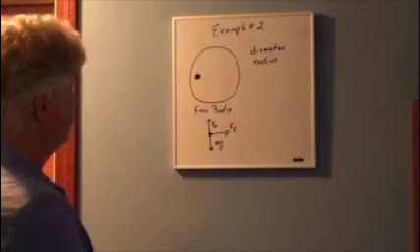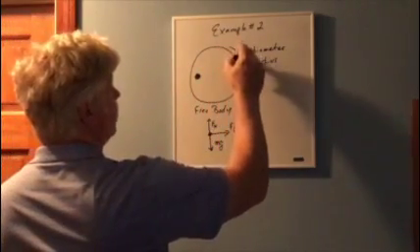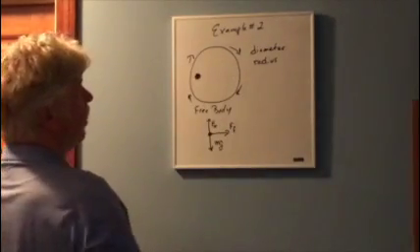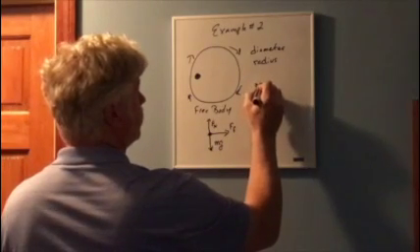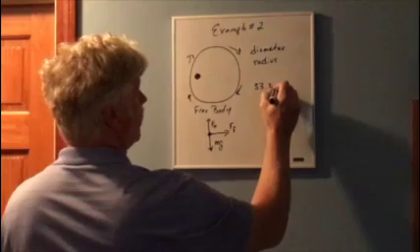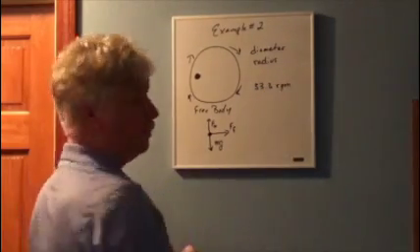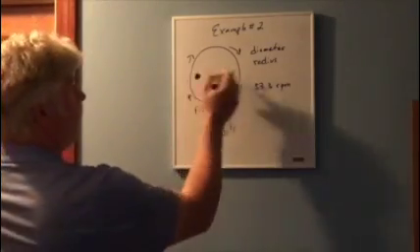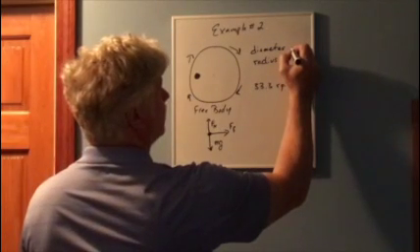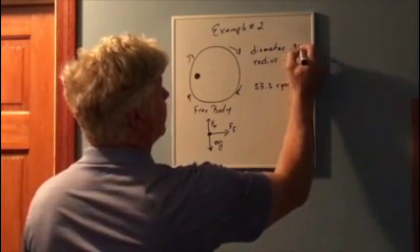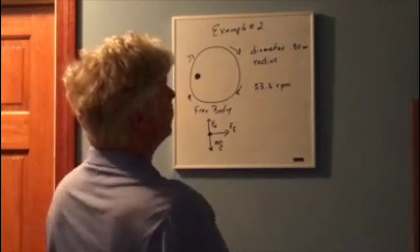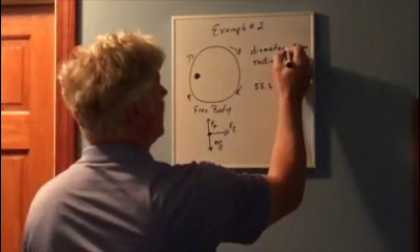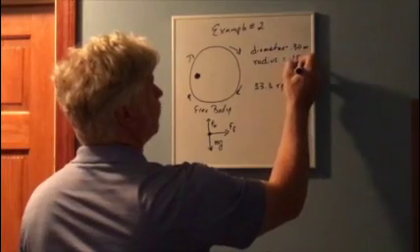Well, let's see. If the turntable is spinning in this direction, and it's going at 33 1/3 revolutions per minute, RPMs, and let's make the diameter 0.30 meters, so the radius is half of the diameter, that would be 0.15 meters.